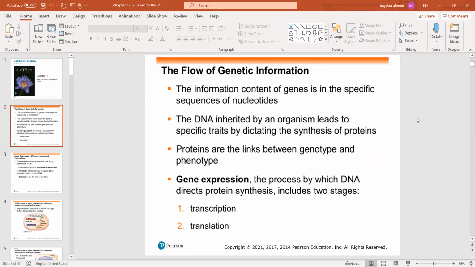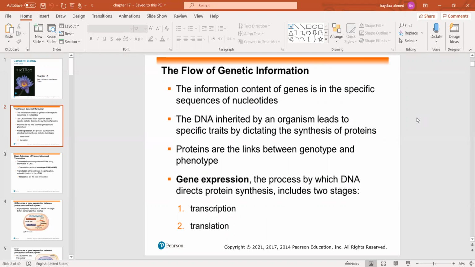Inherited traits like albinism are determined by genes, which have information content in the form of specific sequences of nucleotides along stretches of DNA, the genetic material. The DNA inherited by an organism leads to specific traits by dictating the synthesis of proteins and of RNA molecules involved in protein synthesis.